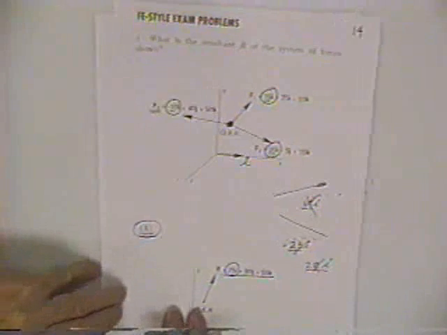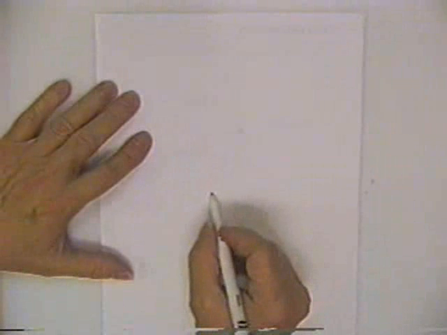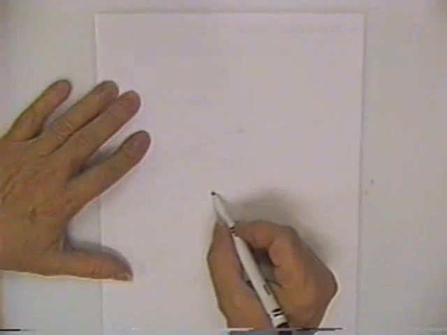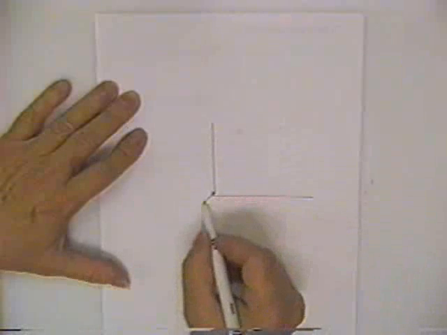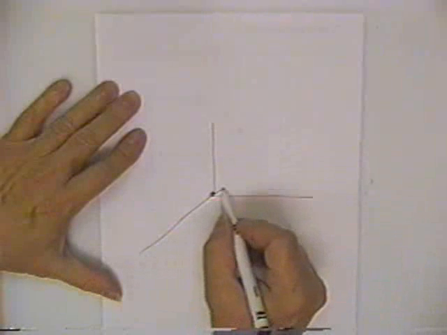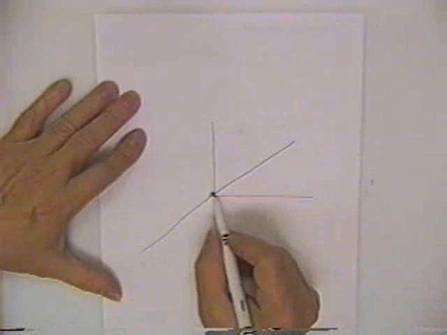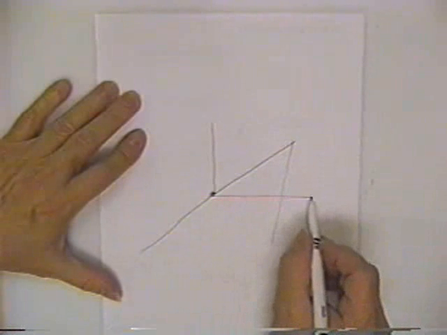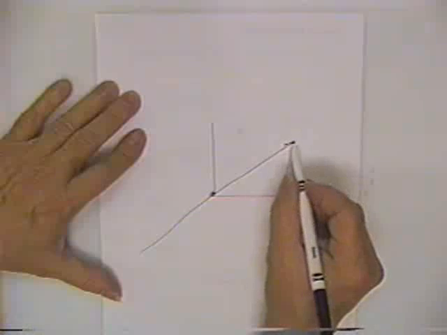Alright, sometimes you will see a force, instead of already being broken up into the X, Y, and Z components, you may see the force comes out here at some angle, and they tell you that this force came to here, and to here, and to here.